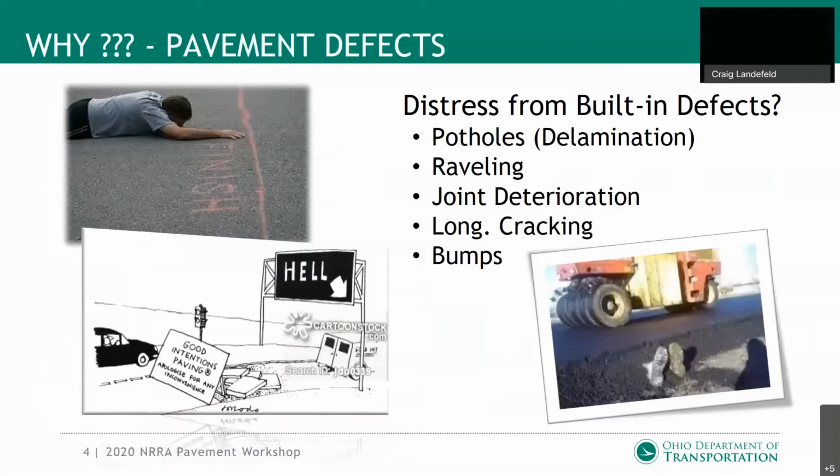And we see a lot of defects that show up 7, 8, maybe 10 years into a pavement's life. A lot of these defects are just attributed to age, but many of these defects, if we'd have known about them at the time and prevented them from happening, we wouldn't have seen the distress in the future. Things like some of the potholes and some of the raveling that we see on some of our projects.